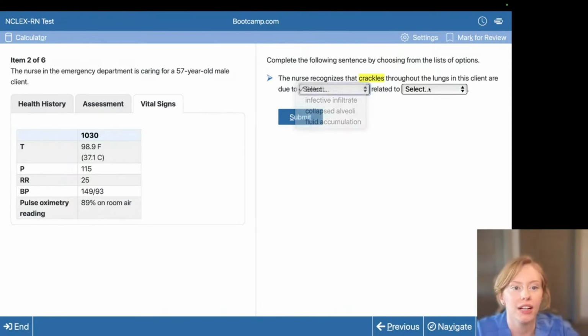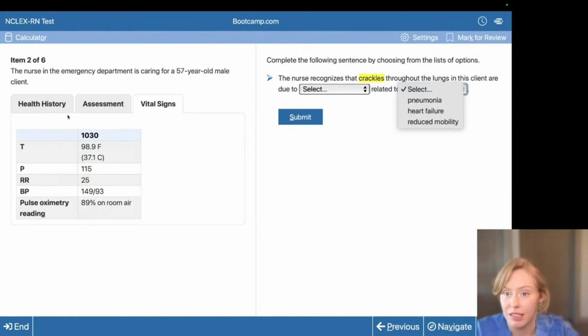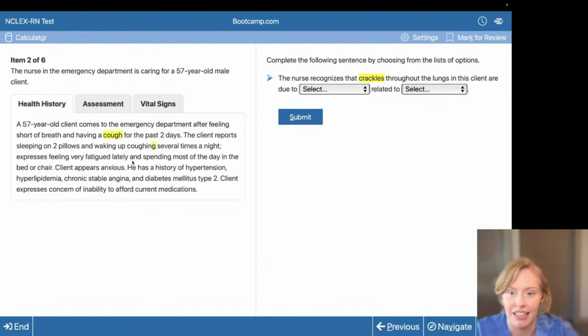And then for the collapsed alveoli in reduced mobility, that's not impossible, right? He did tell us that he's been kind of fatigued, spending most of the day in the chair. But remember, when you hear crackles from atelectasis, they tend to clear with coughing. So if you're not sure, maybe it's your first thing 7 a.m. assessment and your patient's been taking slow, shallow breaths all night, you can just ask him to cough, and that should pop open those atelectatic areas.